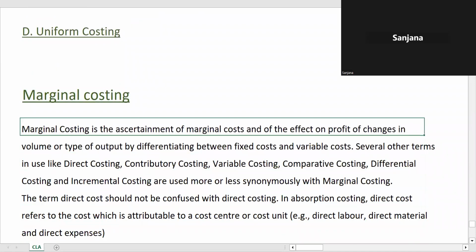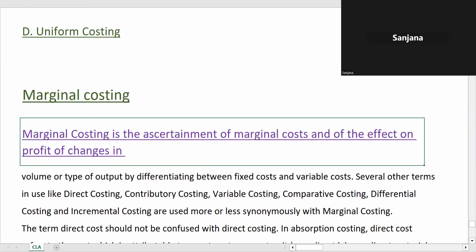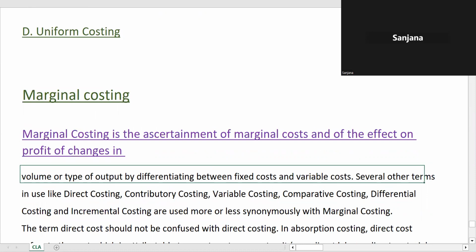In short, in marginal costing, what you do is you find out the marginal cost. And when the volume is changed, when sales become more or less, you find out the effect on profit. It's called the cost volume profit relationship.